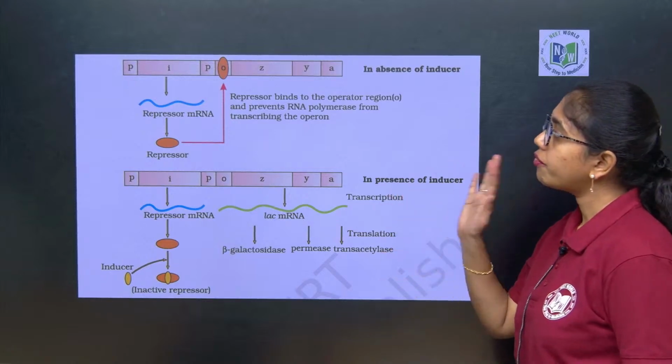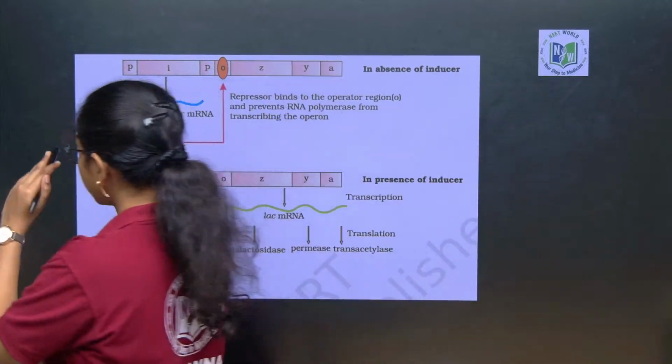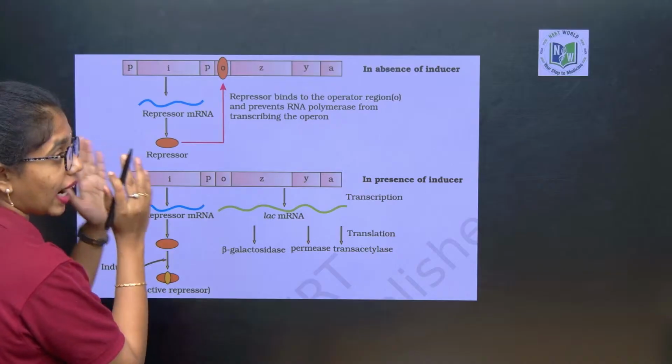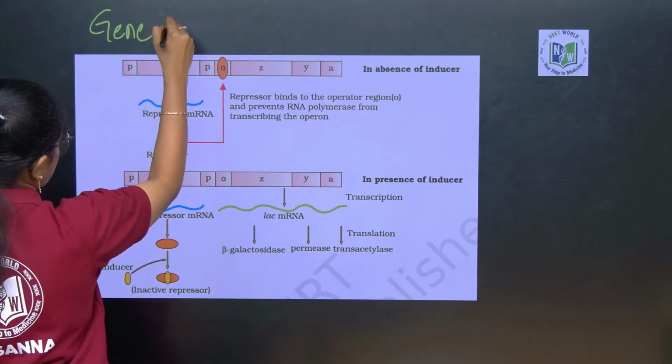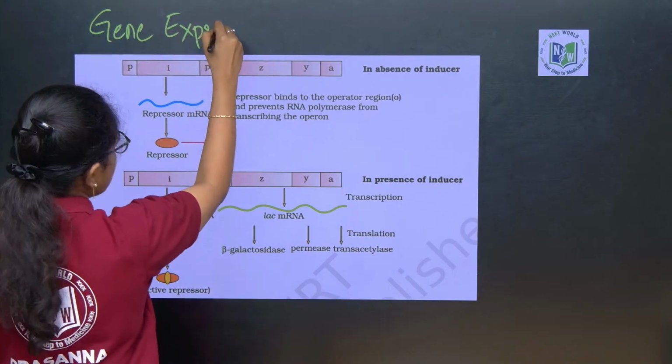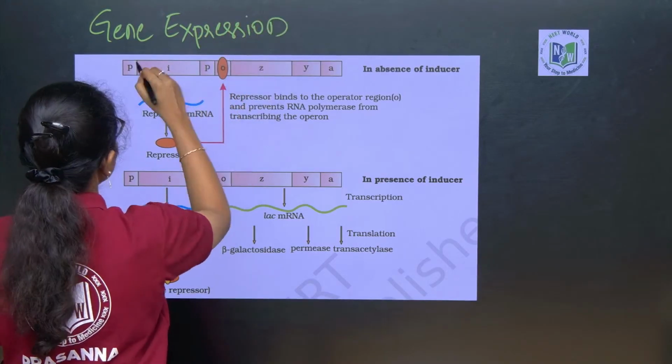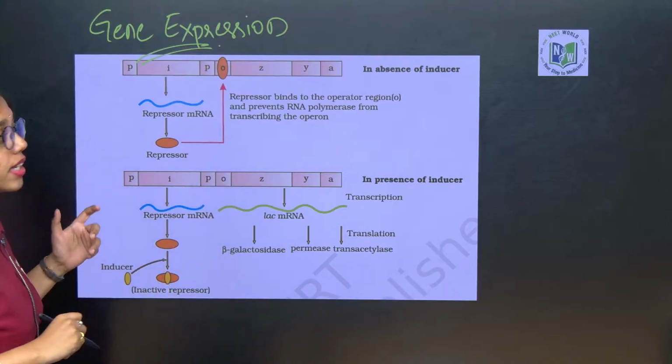Okay. Now, finally, the last slide, which is the most important slide, where gunshot questions come from, that is gene expression. Not even a single paper escapes from this concept, beta. So much important, that is gene expression.